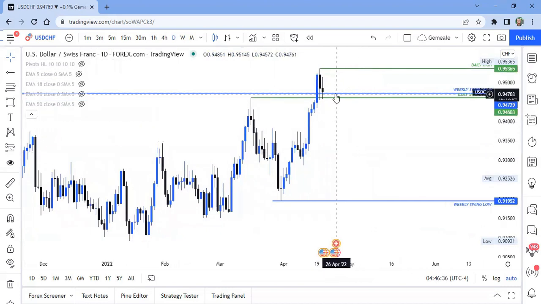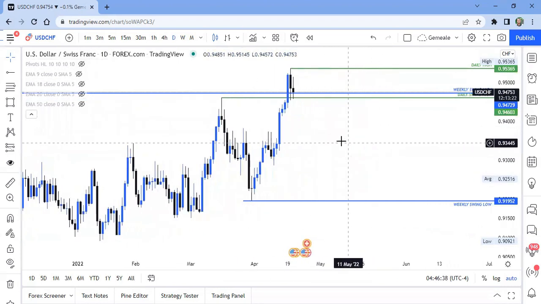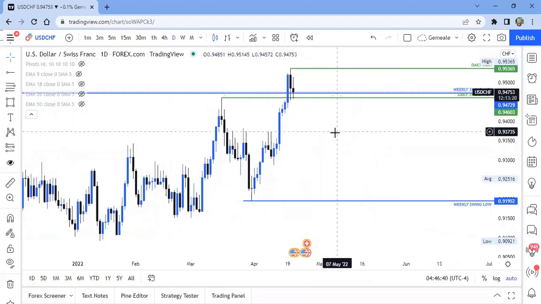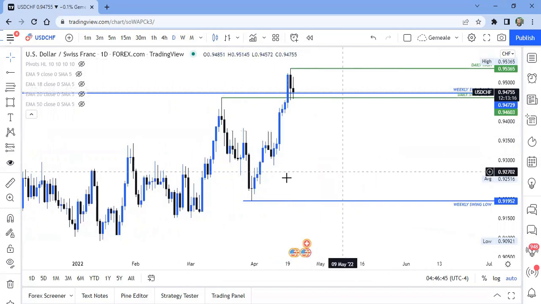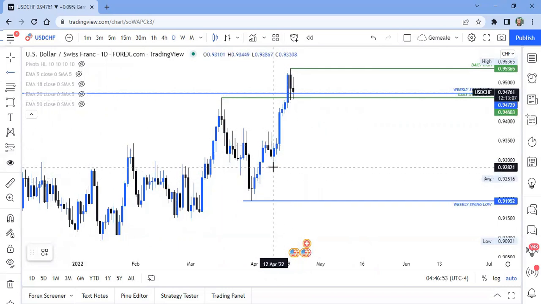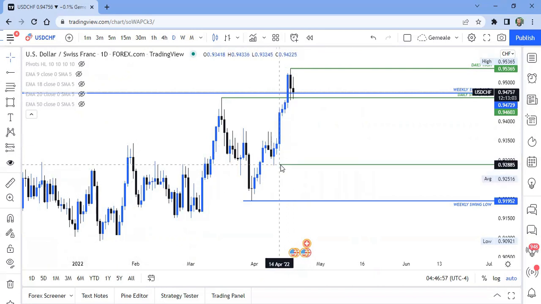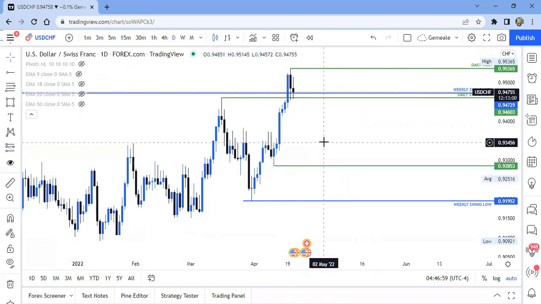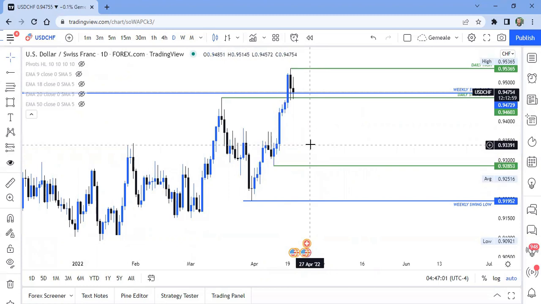Okay, so we have the daily swing high there, weekly swing high, very important area. So we have the higher time frame levels also reacting there. Okay, and should the market break above or break below, we can then trade accordingly. But let's look for the next level of actual probable support that this time frame will find, and this is going to be this level here, if we should move all the way lower.